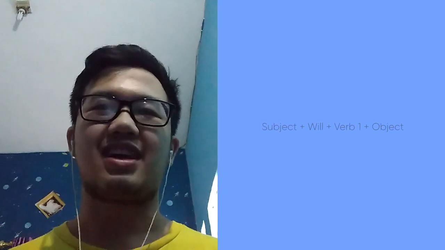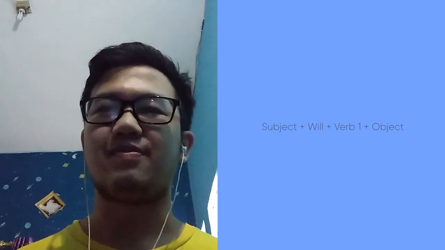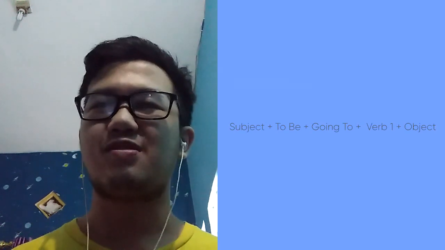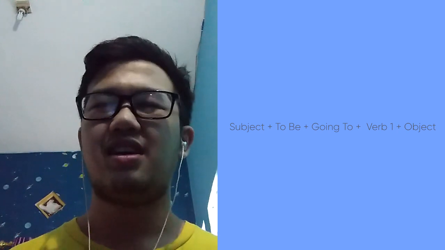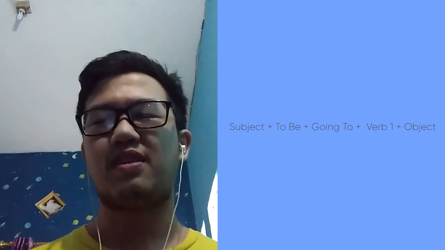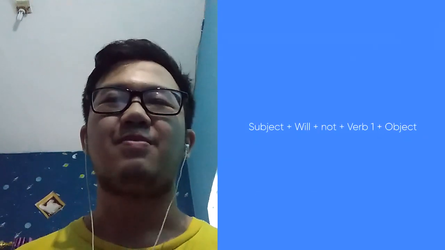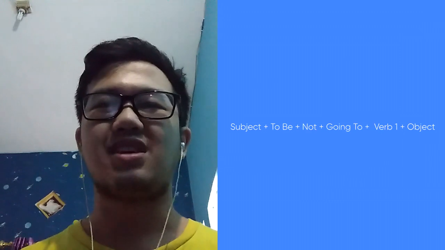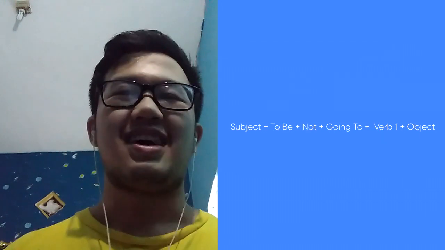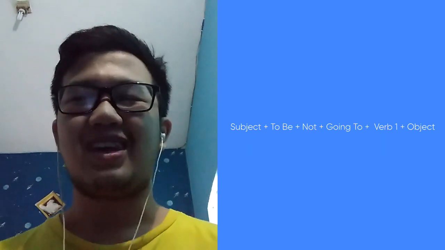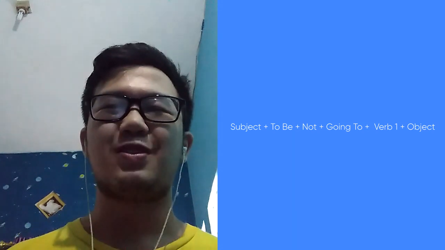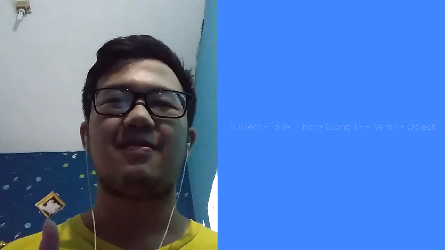You can make subject plus will plus verb 1 plus object, or subject plus to be like are and is, plus going to plus verb 1 plus object. For the negative type, you can make subject plus will plus not plus verb 1 plus object, or subject plus to be plus not plus going to plus verb 1 plus object.